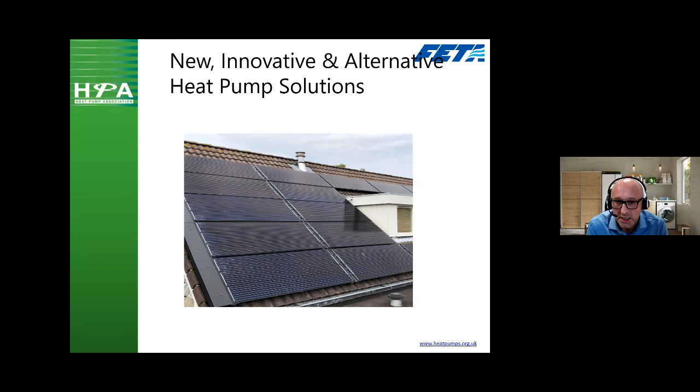There are certain technologies out there which have air collectors which can be put on the roof combined with PV. So you're generating electricity and then using that electricity, but combined with the PV is an air collector for collecting heat, which runs your heat pump, which is then contained in the house. So another innovative way of getting heat to run heat pumps.